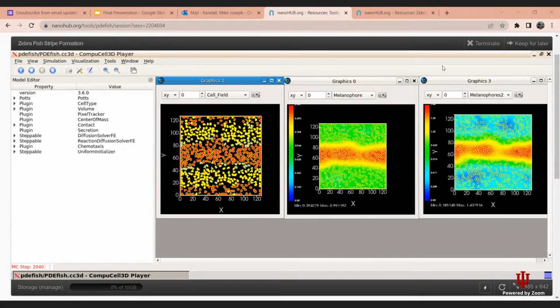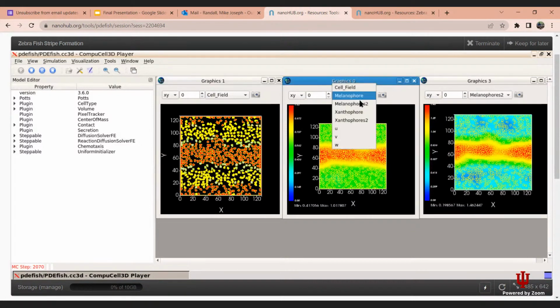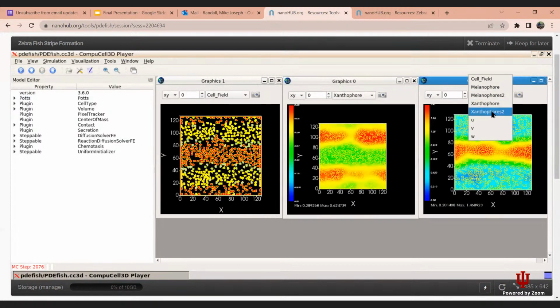All right, cool. So I had this running in the background a little bit. It's only at about 2000 steps in, but this is what it looks like when it is pretty much simulated out. We have the cell fields here, and then the melanophores, and then we can switch and look at the xanthophores.